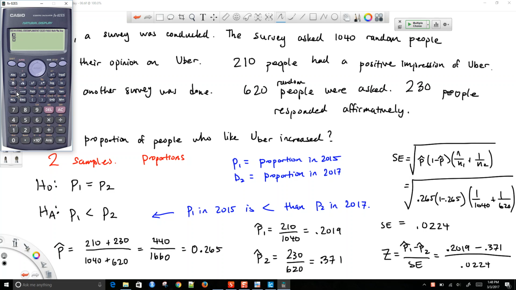It's going to get a little bit hairy here. So p hat 1 is 210 divided by 1040 minus p hat 2, which was 230 divided by 620. I get a z-score of negative 7.55.